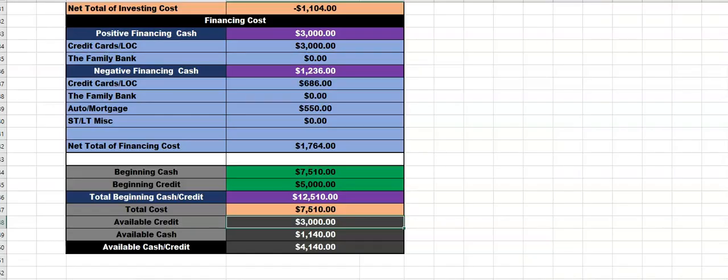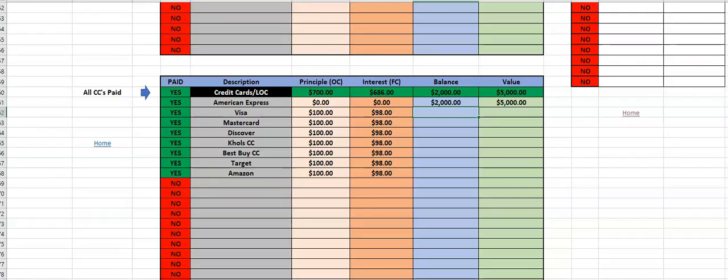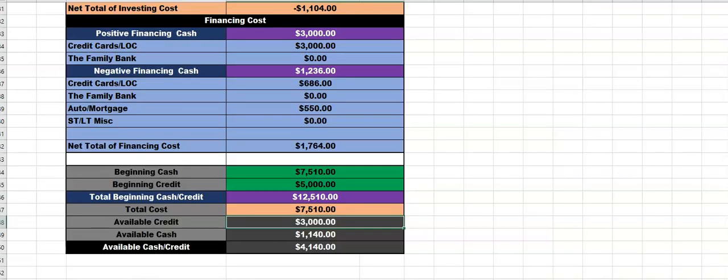So if there's a balance of 2,000, there's a $5,000 total available credit. That means there's 3,000 here available, right? So it will change it to 3,000. The beginning credit was 5,000, it'll change it to 3. In the next months, it'll go off of your available credit at the time, and then we can see the difference on whether you're reducing that.